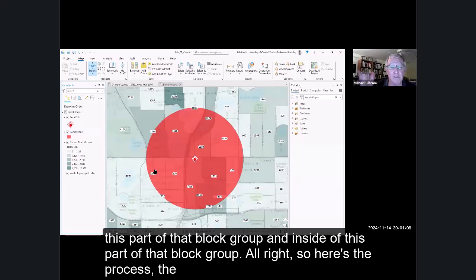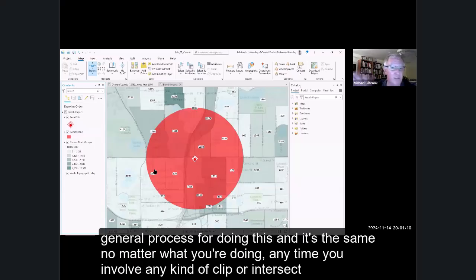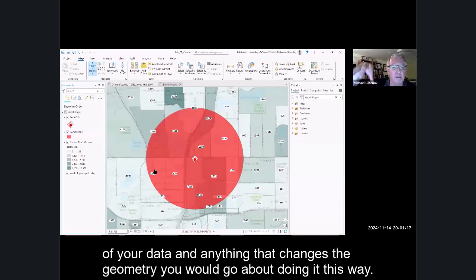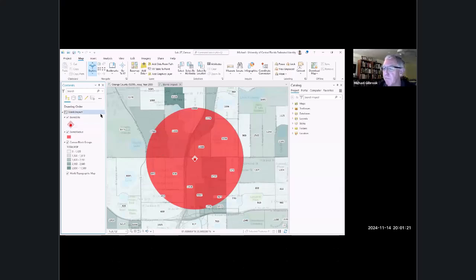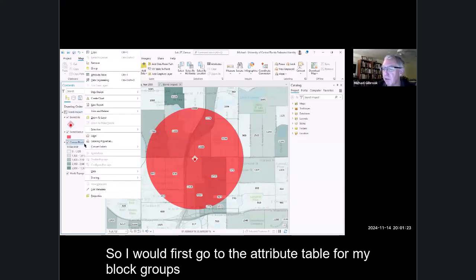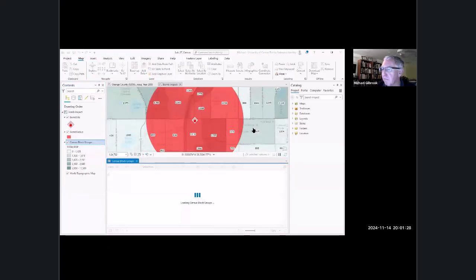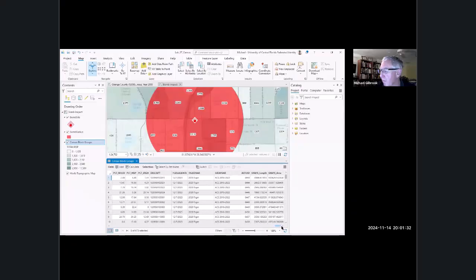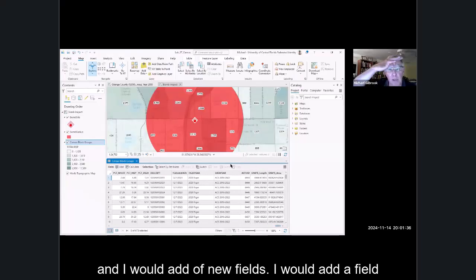All right, so here's the general process for doing this, and it's the same no matter what you're doing. Anytime you involve any kind of clip or intersect of your data, anything that changes the geometry, you would go about it this way. I would first go to the attribute table for my block groups, and I would add new fields.